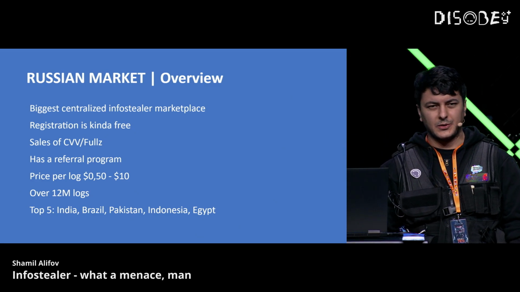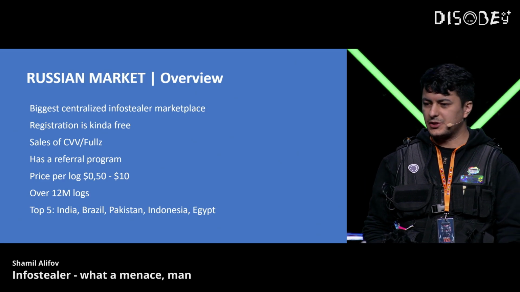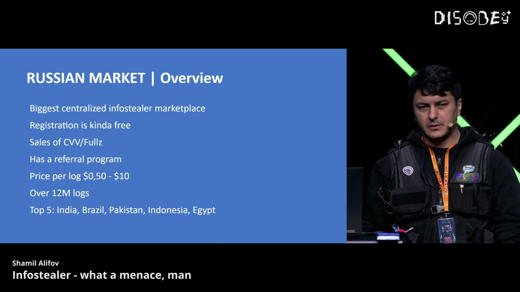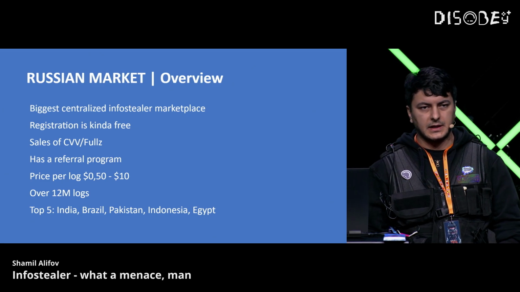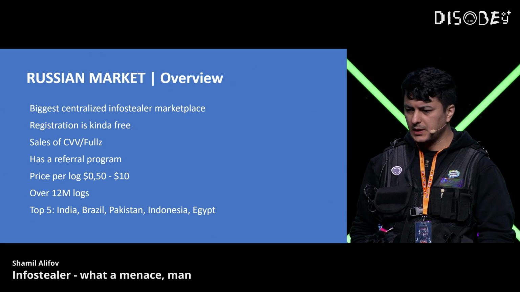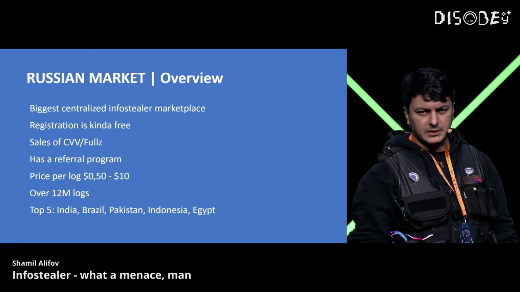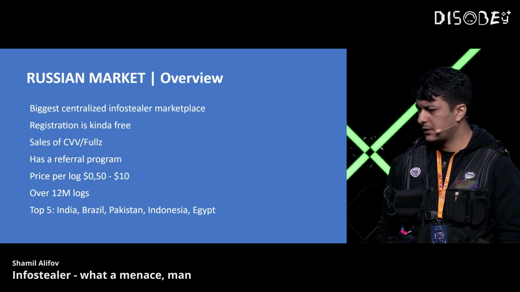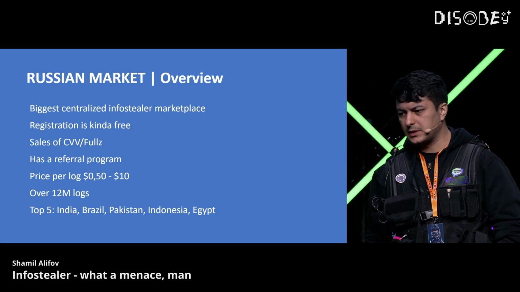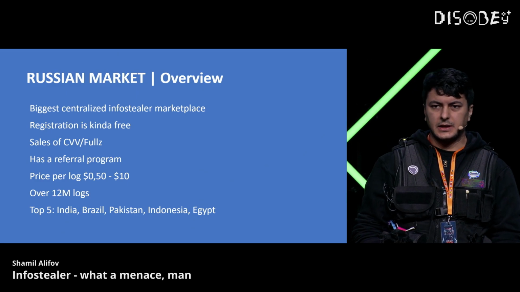I don't remember what the percentage was. Price per log, or per victim, let's say, is between 50 cents and $10. Currently, they have over 12 million victims listed. It's quite big. And the top countries are India, Brazil, Pakistan, Indonesia, and Egypt.